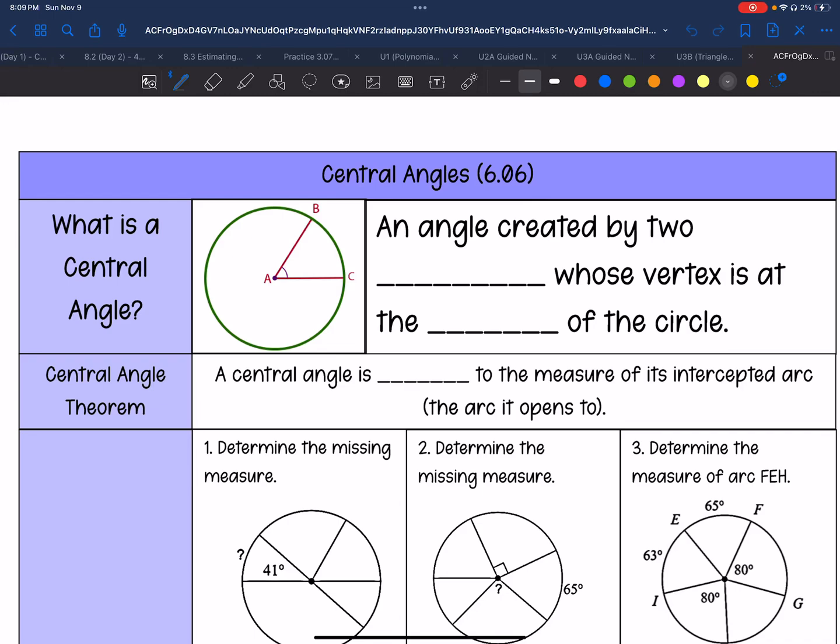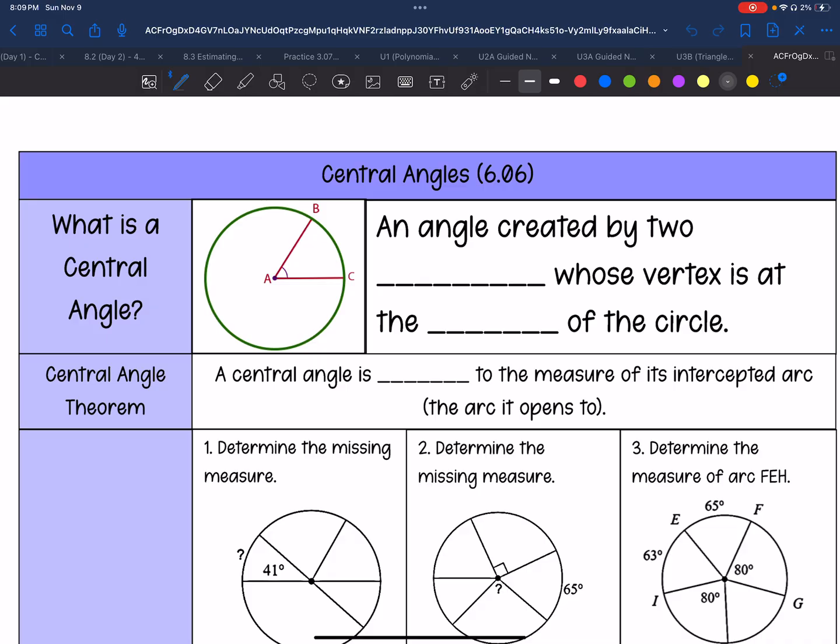Okay, we are going to look at 6.06, our central angles. So the two main types of angles that we have in circles are our inscribed angles, which you will remember are created by two chords and their vertex is on the circle.